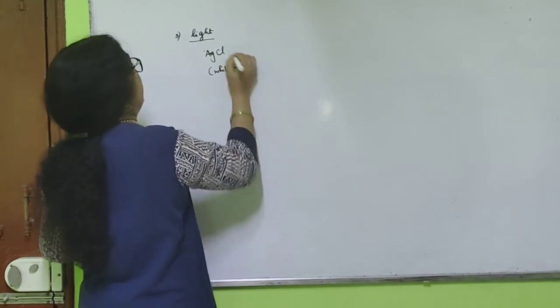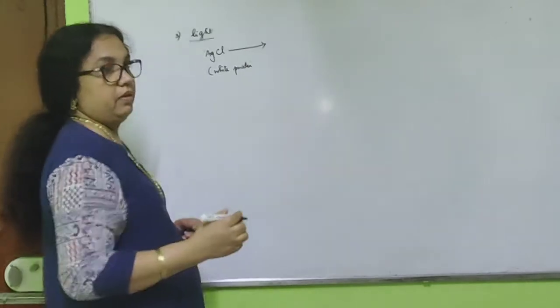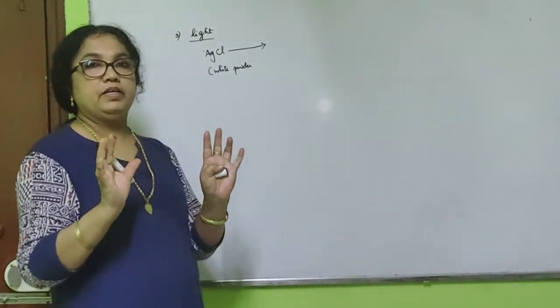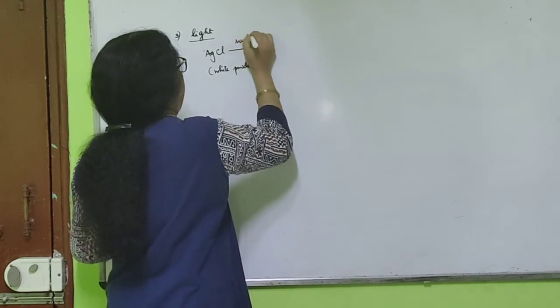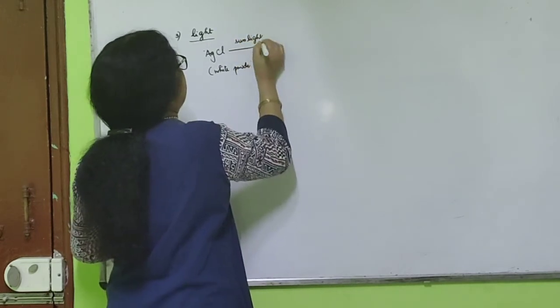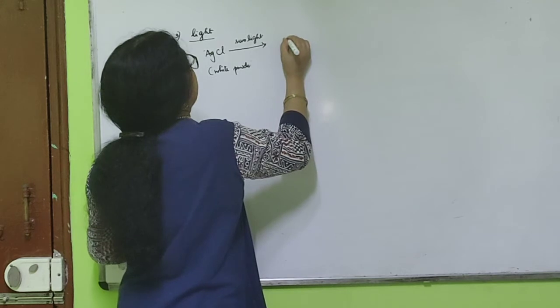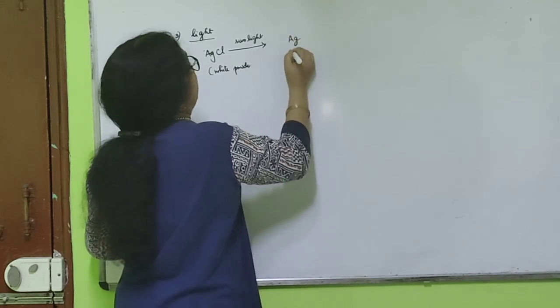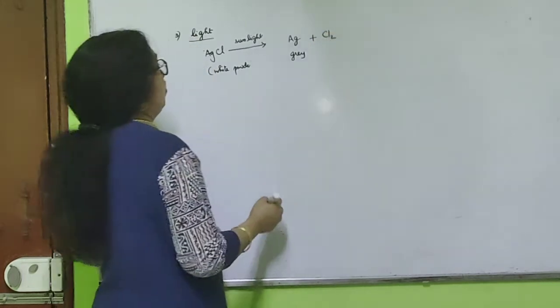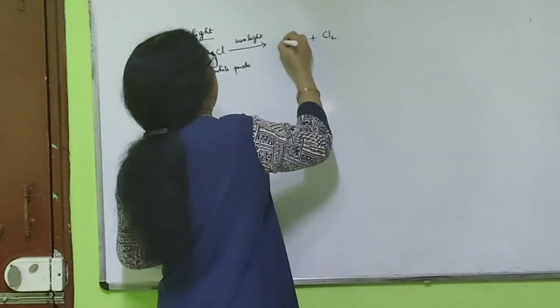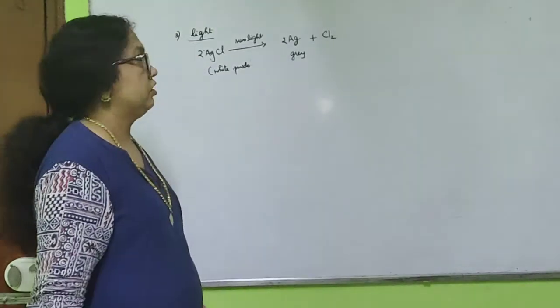It is kept open in sunlight. After some time its color will change to grey, which is silver, plus chlorine gas is evolved. So 2AgCl gives 2Ag plus Cl2. This is the balanced equation.